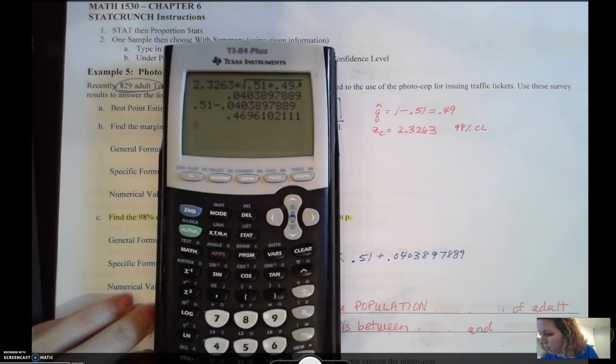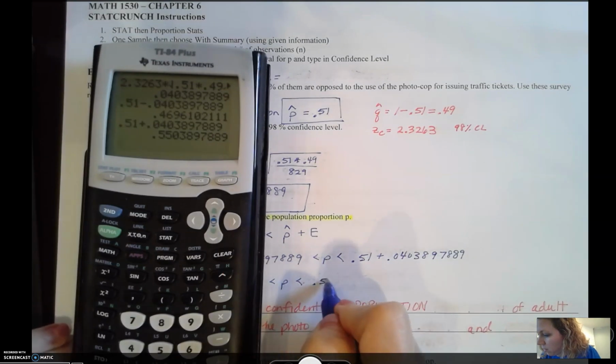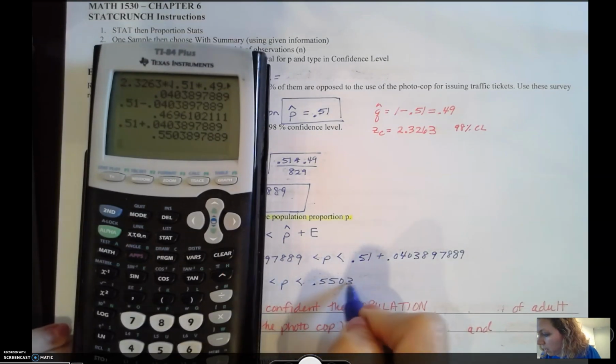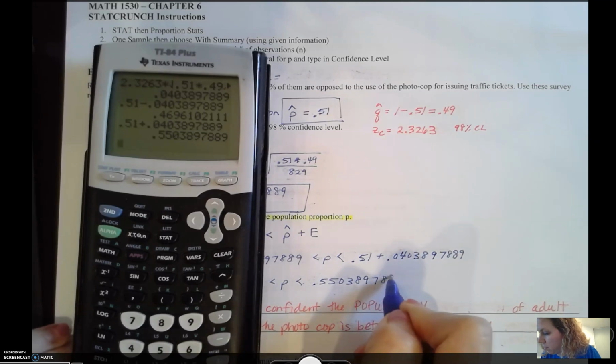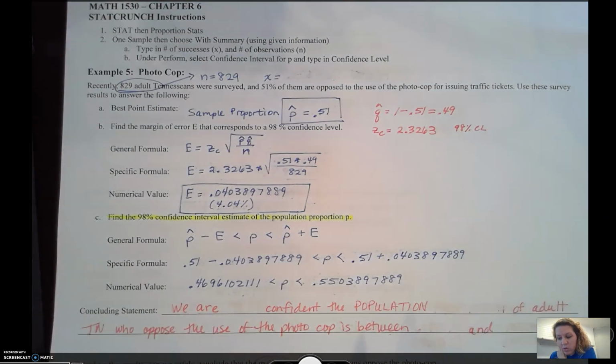I can go 0.51 plus 0.04038978889, and I get 0.5503897889. And again, if you wanted to convert them to smaller decimals or percents, that would be fine.